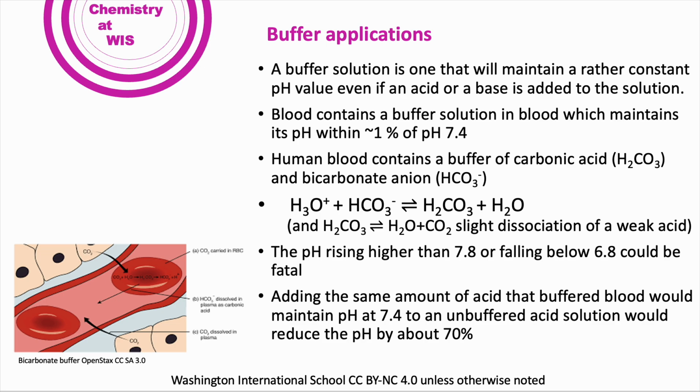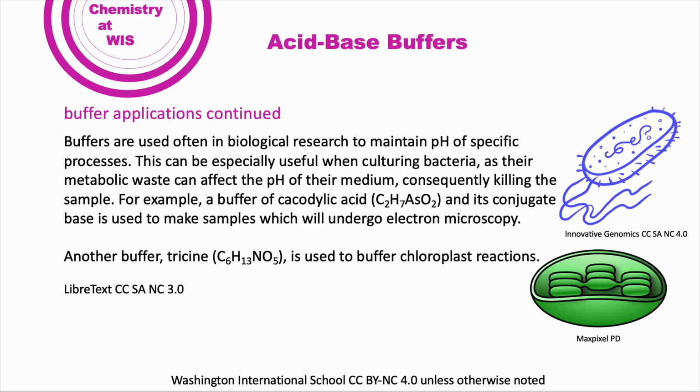But if the pH rises higher than 7.8 or falls below 6.8, it could be fatal. And if you add the same small amount of acid, the buffered blood stays the same at pH 7.4, but an unbuffered solution would reduce the pH by 70%, which is not good.